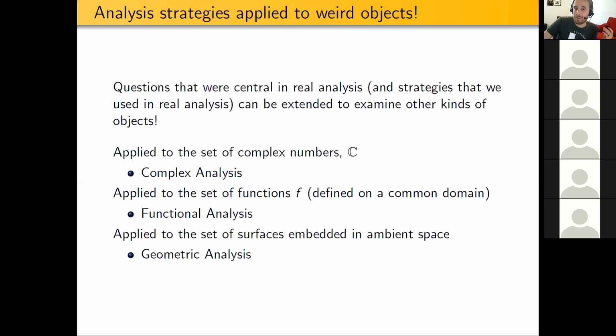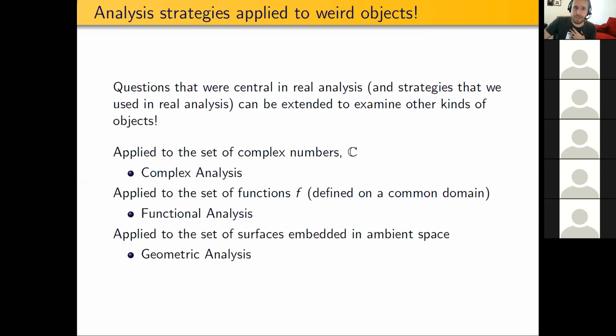We can also talk about looking at spaces of functions defined on a common domain. We can apply theory from real analysis to them, and that gives us an inroad into a subject called functional analysis.